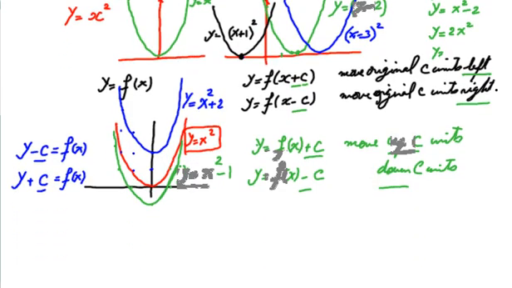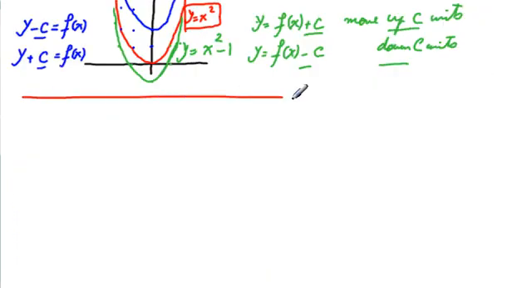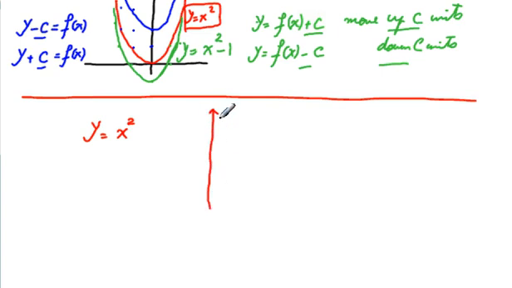Okay, now let's go back to the picture that we had at the beginning. Again, we go back to college algebra because you have most practice with these things, y equal to x squared. So I take y equal to x squared, which is a parabola like this.